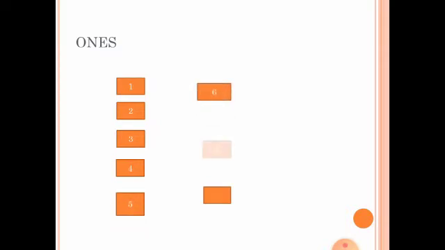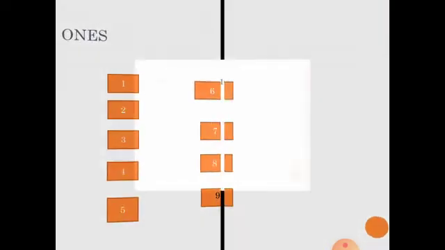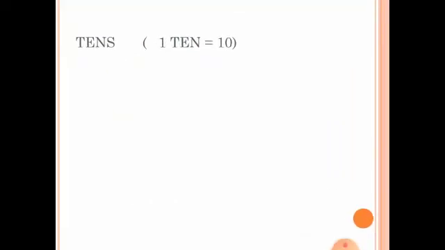All the single digit numbers are included in the ones column. 1, 2, 3, 4, 5, 6, 7, 8, 9. The numbers from 0 to 9 are included in the ones column.